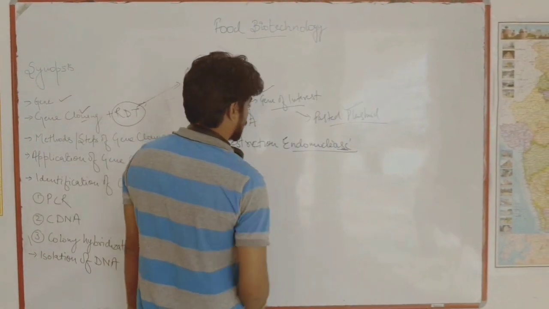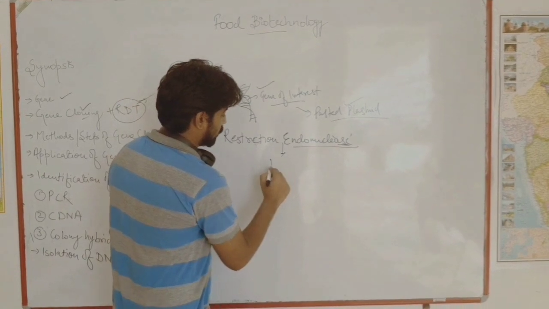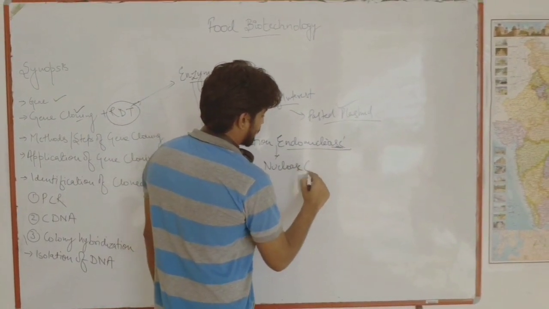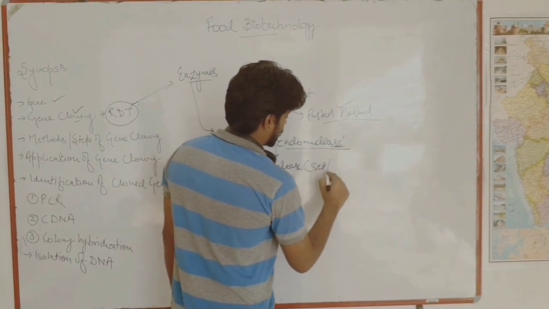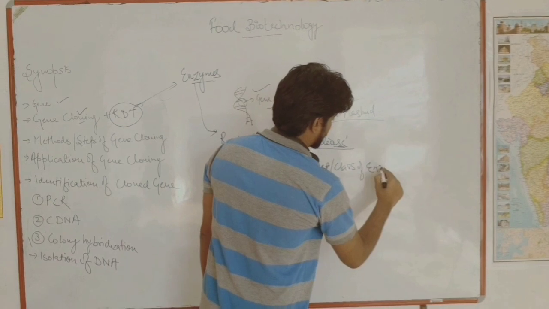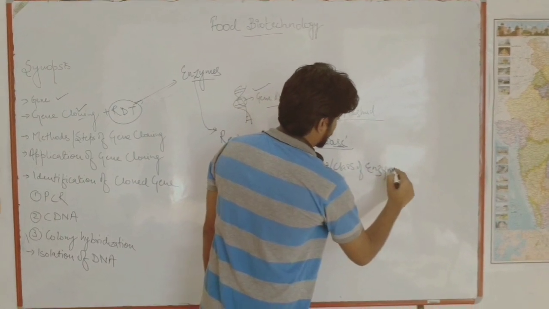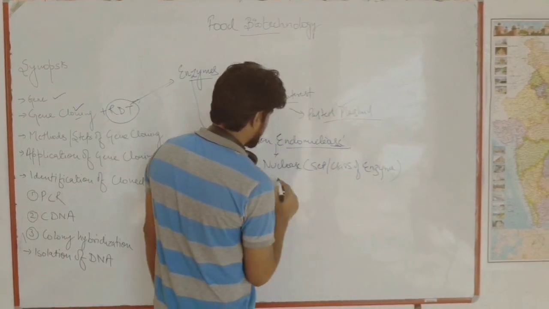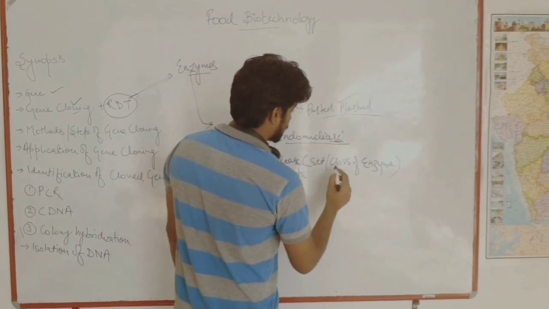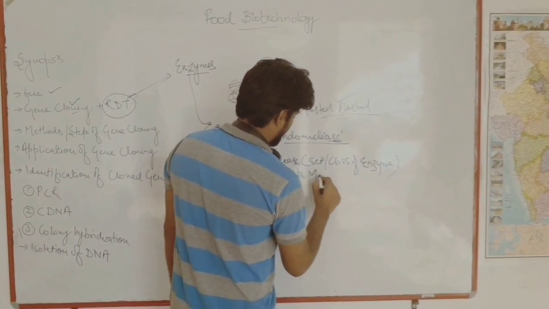For restriction endonuclease, where it started, nucleases are a class of enzymes which cut the nucleic acid molecule or the genetic material. These genetic materials will be cut by nuclease enzymes.